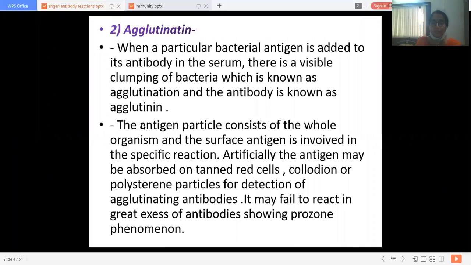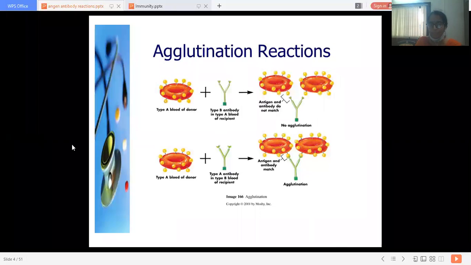Okay, agglutination reaction: when a soluble antigen is added to the antibody in the serum, there is visible clumping of bacteria, which is known as agglutination, and the antibody is known as agglutinin. We just saw that if this clumping could not happen, there is no agglutination.